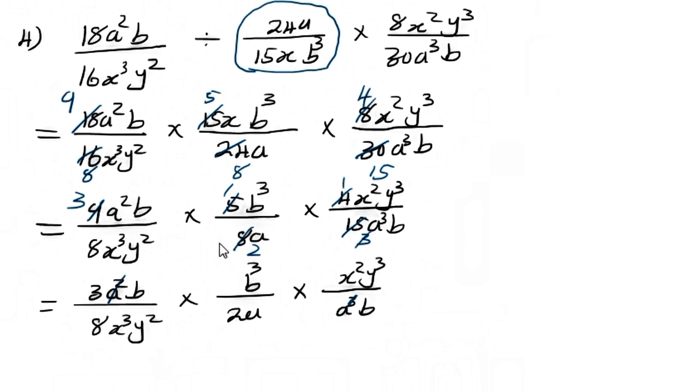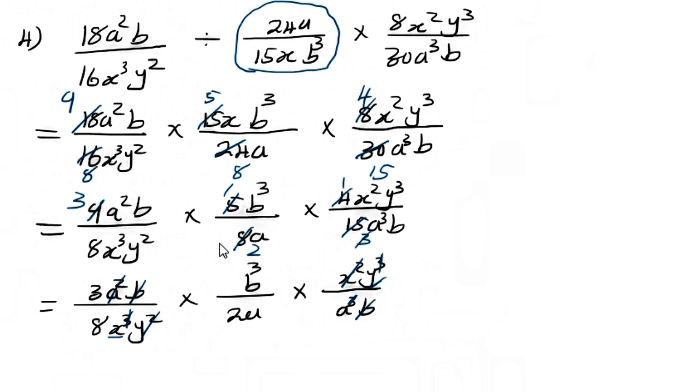Then we also have b is gone and this b is also gone. Then let's look at the denominator, x cubed. The cube is gone and the x squared is gone, so we are left with 1x here. The y squared is also gone and cubed is gone, so we are left with only y in that expression.